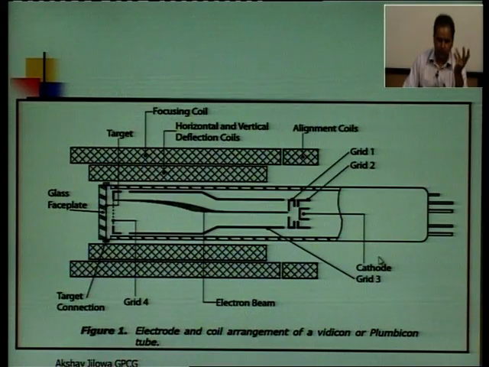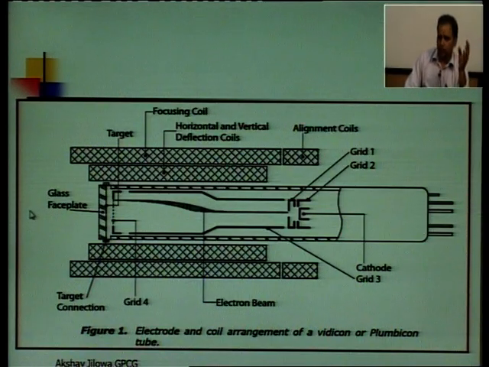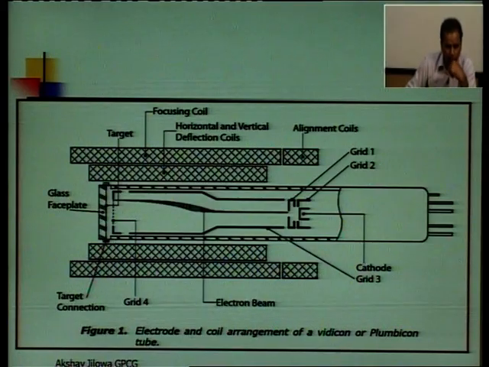Here the image or the scene is kept before this tube, at the glass face plate. Light falling on the scene gets reflected and falls on the glass face plate, and the target is behind that glass face plate.